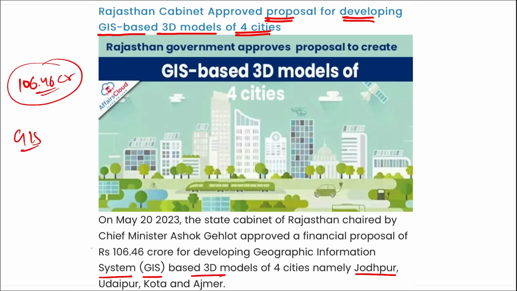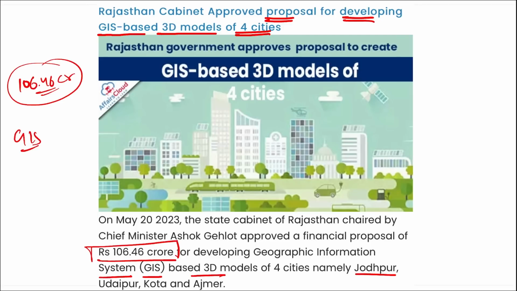Right? Who is the Chief Minister of Rajasthan? Ashok Gehlot. Who is the Governor? Kalraj Mishra. Right? So a GIS based 3D model of 4 cities of Rajasthan, Jodhpur, Udaipur, Kota and Ajmer, will be developed, and for this 106.46 crore rupees will be spent.